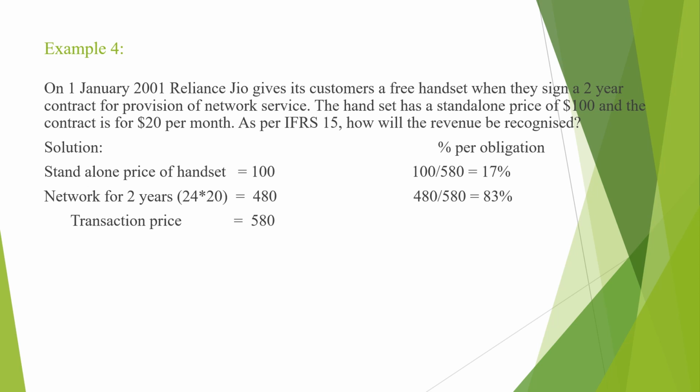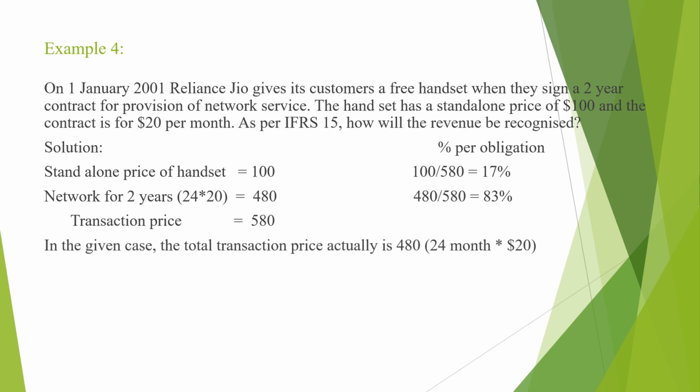So let's find out the percentage to the total. So the handset contributes 17% of the total transaction price, and the network is contributing 83% of the transaction price, right? Now, in the given case, the total transaction price is $480 only, right?